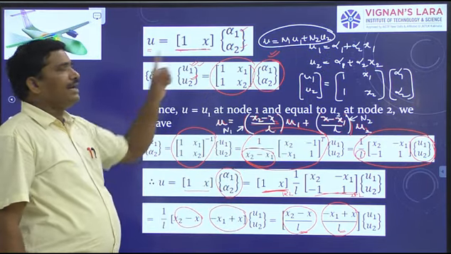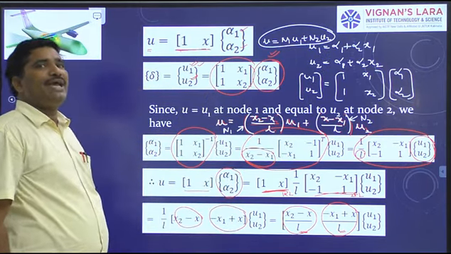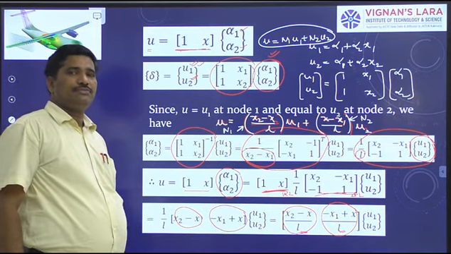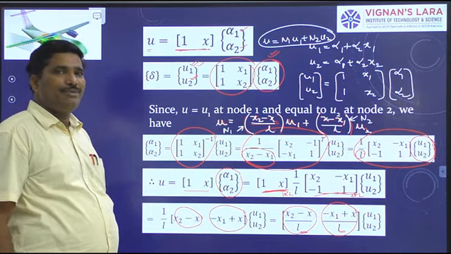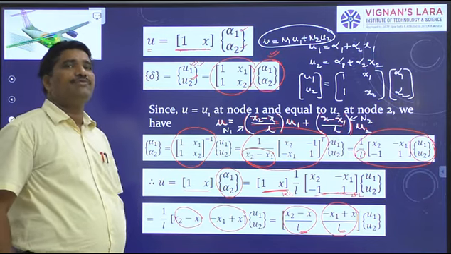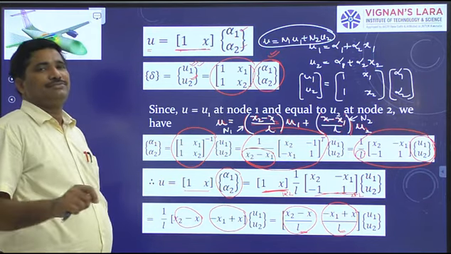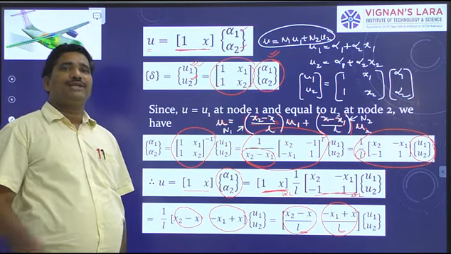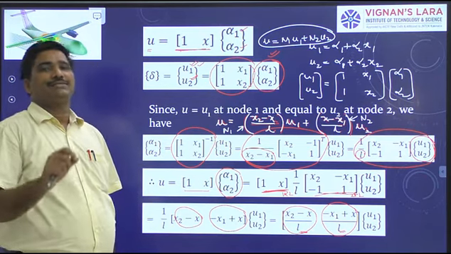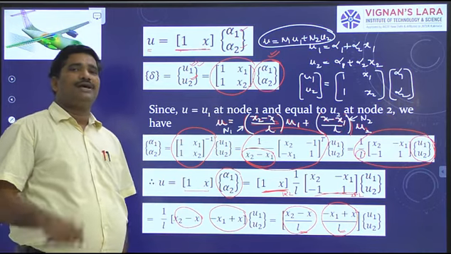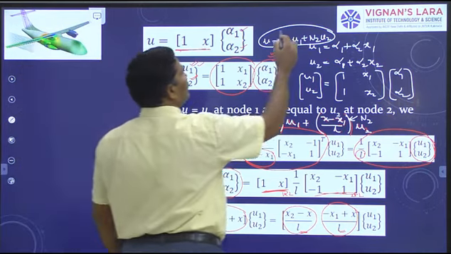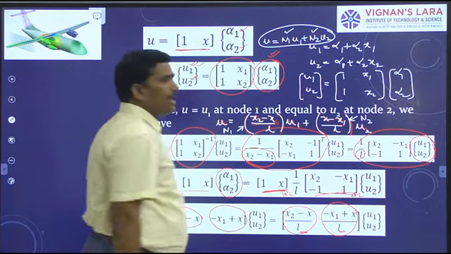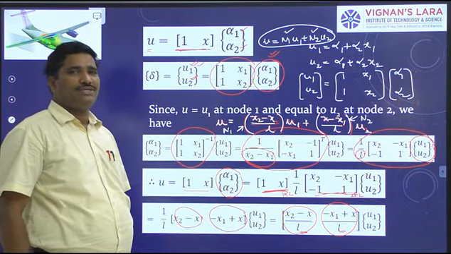where N1 and N2 are known as shape functions, which are derived in terms of the global coordinate x, in terms of the rectangular coordinate x, in terms of the Cartesian coordinate x. What are shape functions?